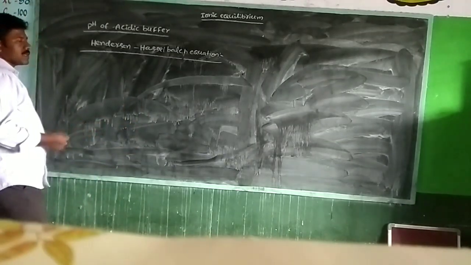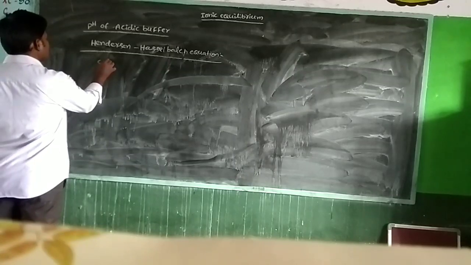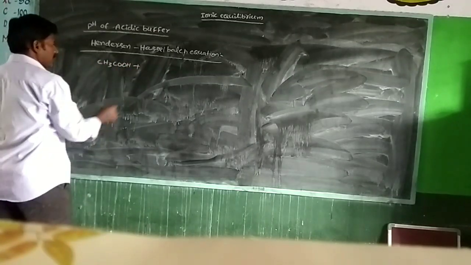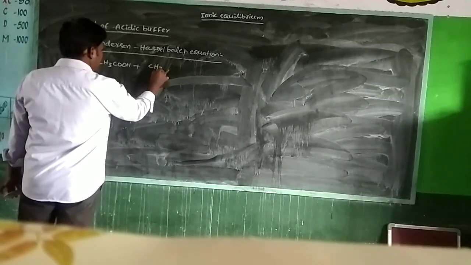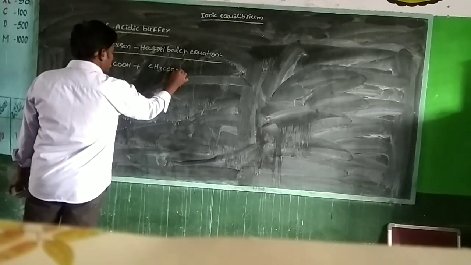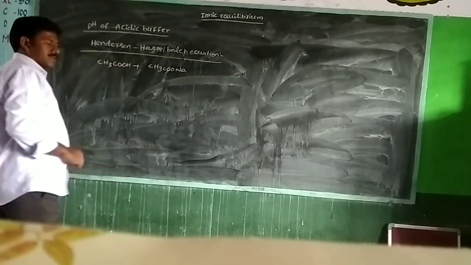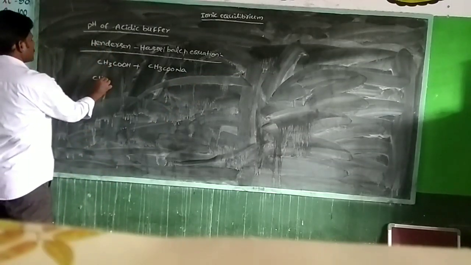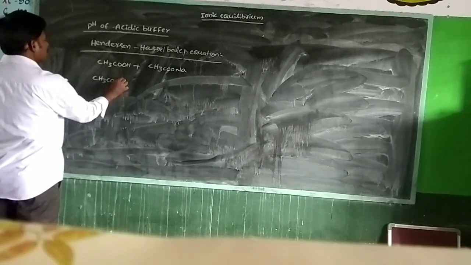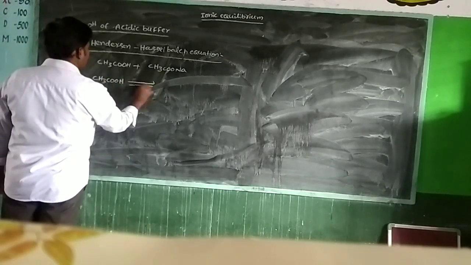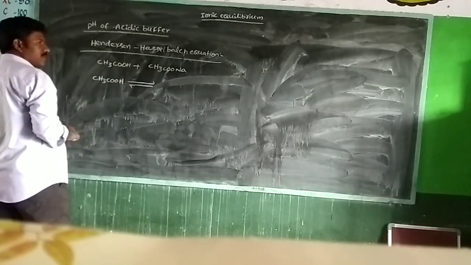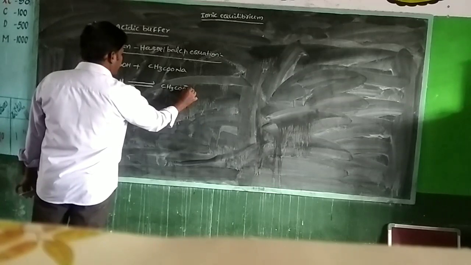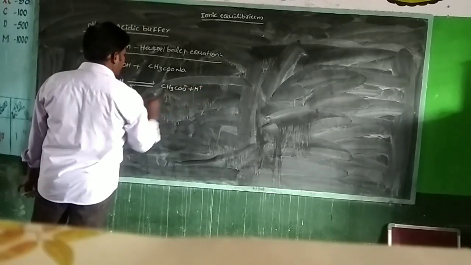Listen, how to prepare the acidic buffer? Already given: CH3COOH, a weak acid, plus a salt of the weak acid with a strong base. You can write CH3COOH in a reversible reaction as CH3COO minus plus H plus.